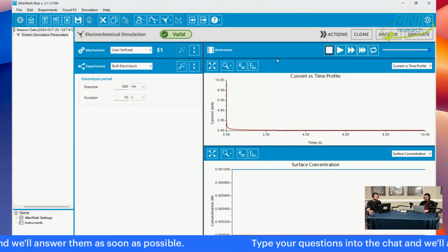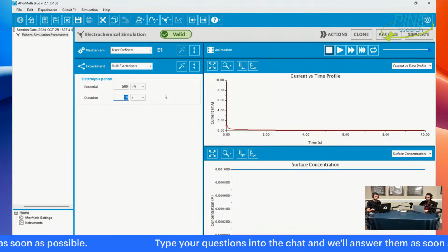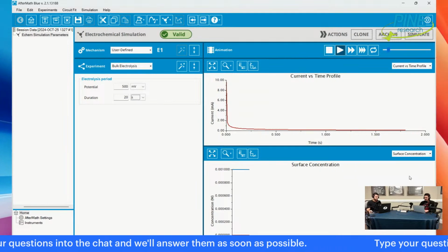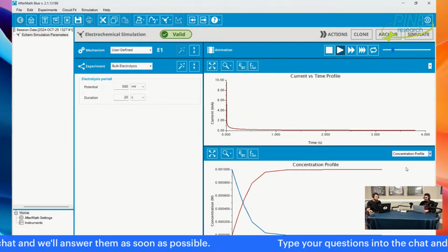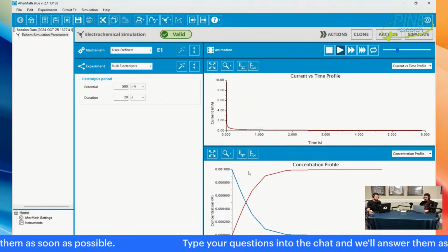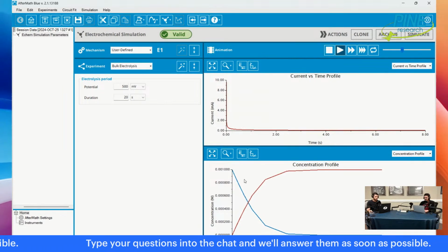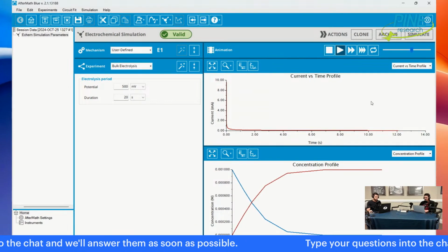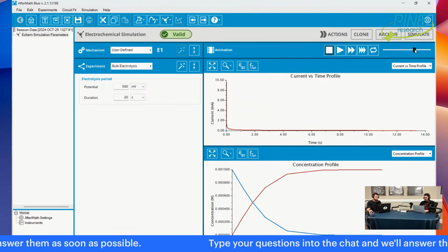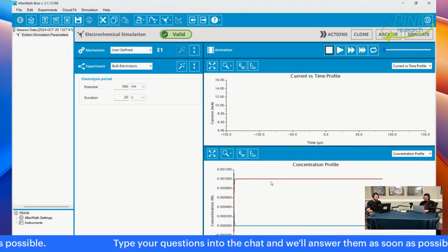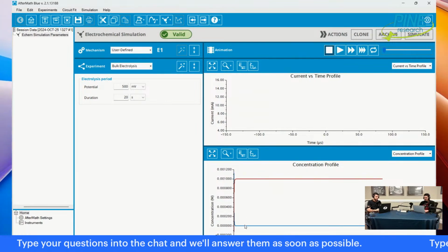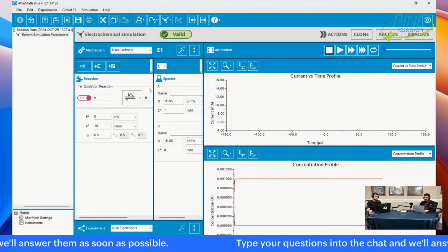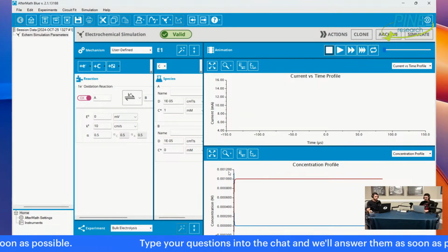But I think, and I'll make this a little bit longer, let's make this like 20 seconds or so. So if I were to simulate this process, that's the surface concentration. But the concentration profile here, as a function of distance, this is the diffusion layer thickness increasing over time. What happens, and let me stop this and then reset, is that at the beginning, I just have the blue, technically, as my oxidized species, and the red is my reduced species.